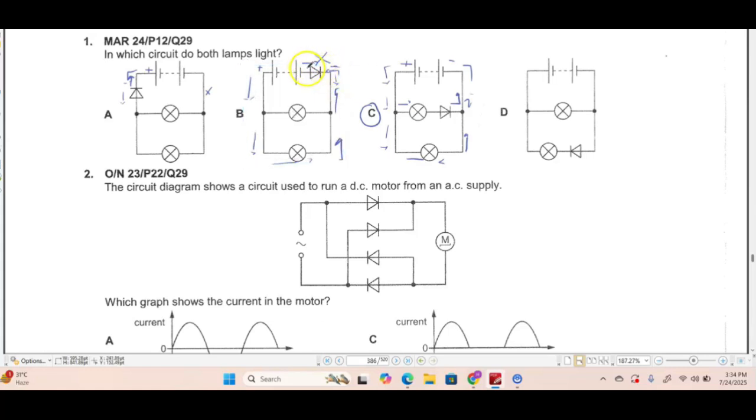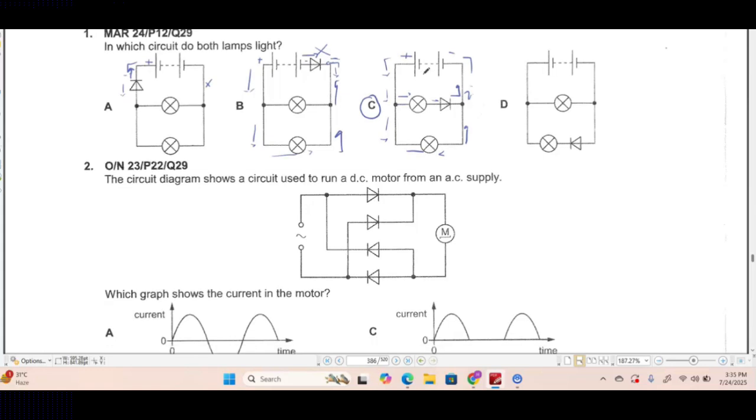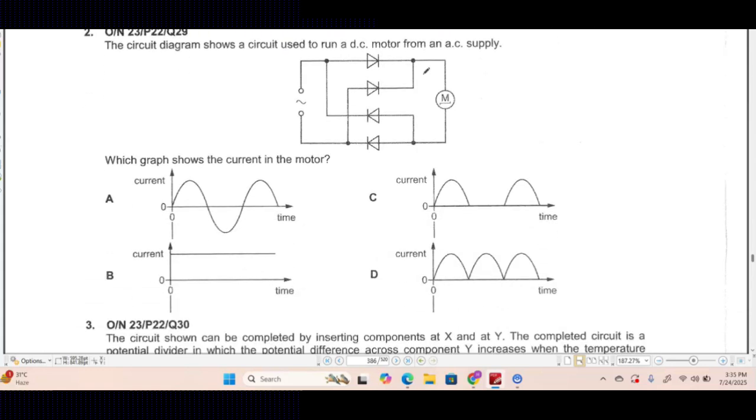So the electrons can flow from the negative terminal of the battery, but the conventional current won't flow from here. So this is not going to let the circuit complete. Here, obviously the current goes here, the remaining current passes through this lamp and goes through here. So this is going to be done. So C is our correct option.